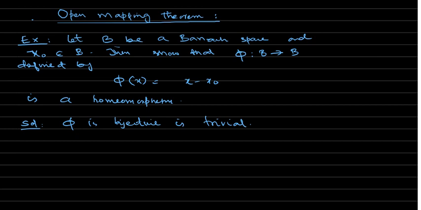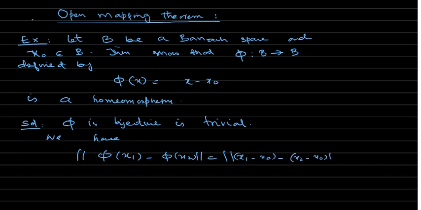Let's do this. We have the norm of phi of x1 minus phi of x2 is equal to the norm of x1 minus x0 minus (x2 minus x0), which is equal to the norm of x1 minus x2. So it's actually isometric.